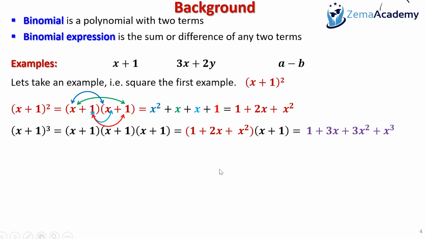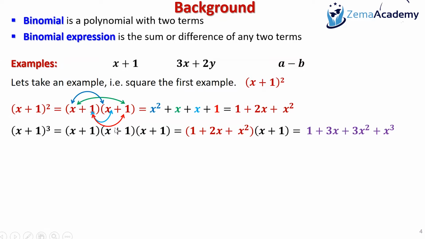Now I have increased my binomial term exponent. Initially I started off with x plus 1 to the power square, and then I did the next step, x plus 1 to the power cube. Now you can see that I have three bracketed terms involved.